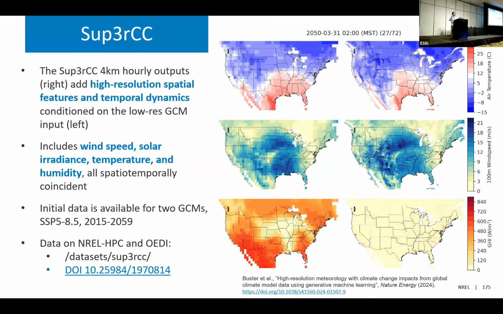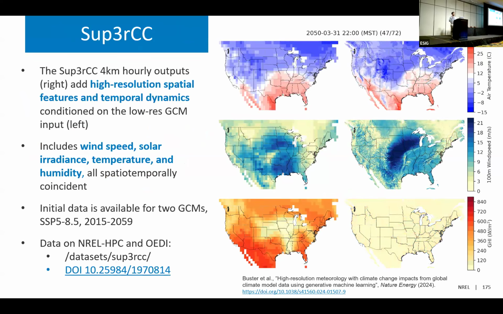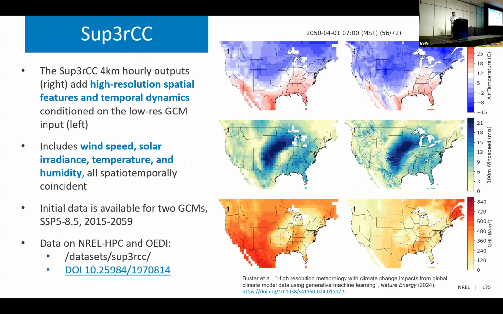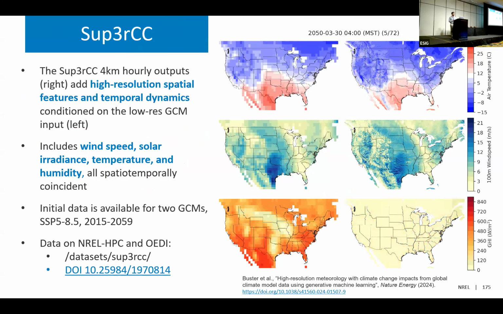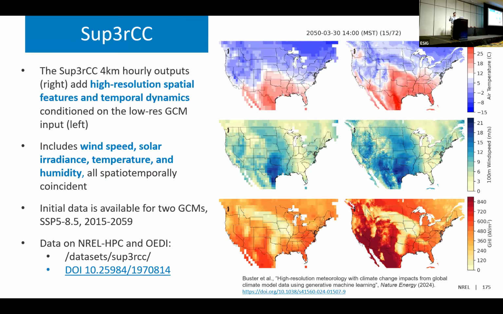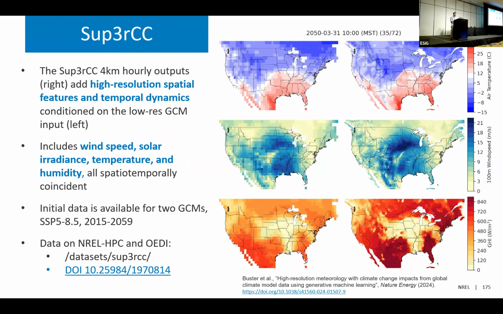So this is what the full data set looks like. We've released 90 years of data from 2 climate models, weather years 2015 to 2059. We released it for all of CONUS. It's 4-kilometer hourly data, which you can see here on the right.